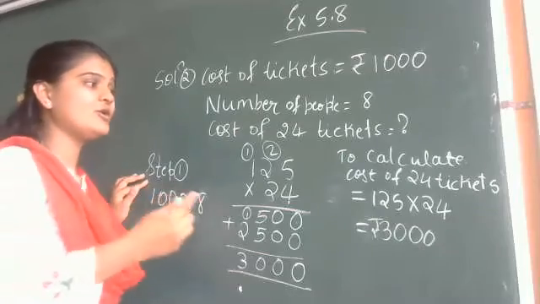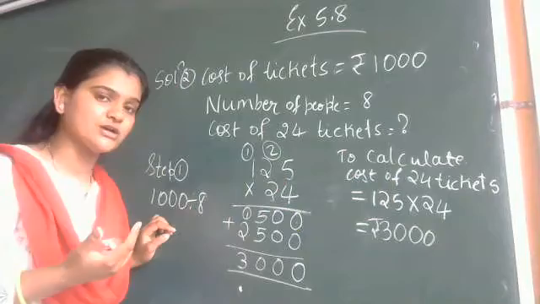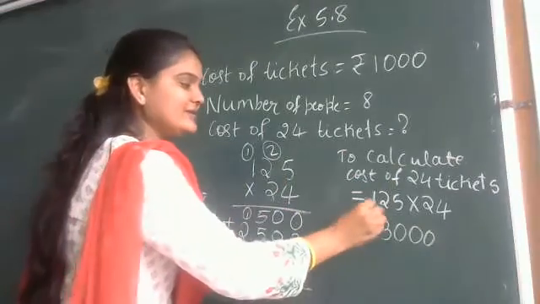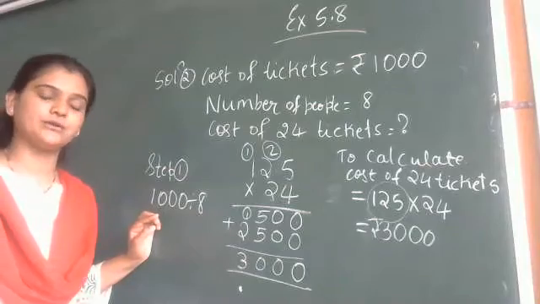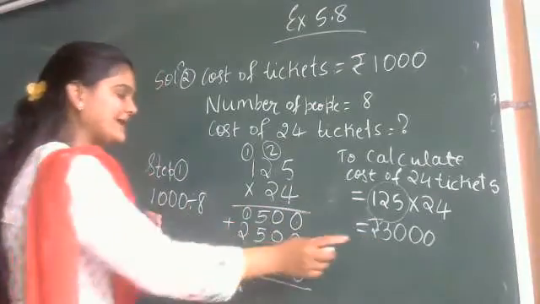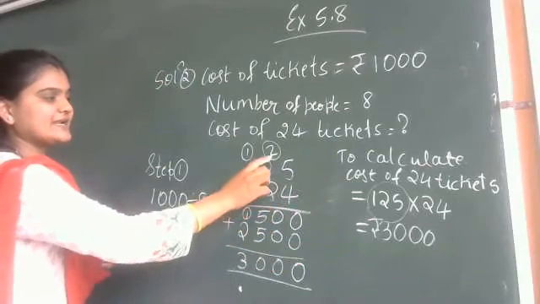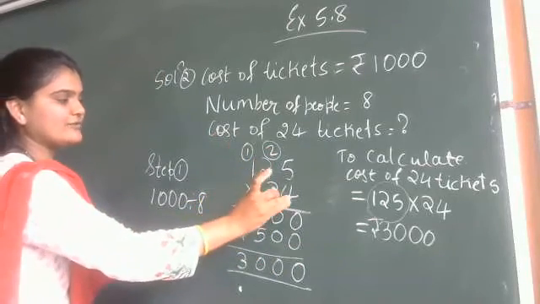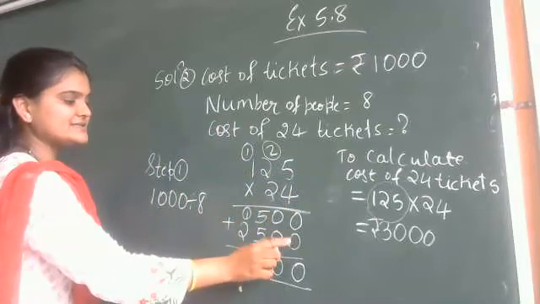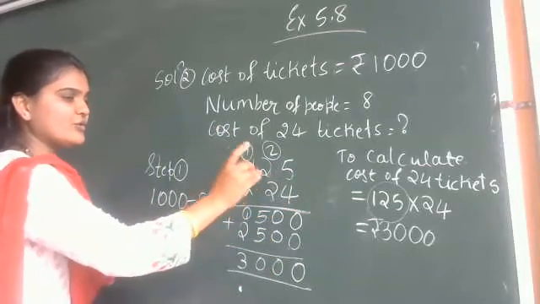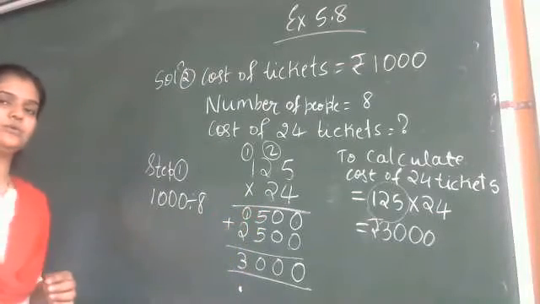But we want the calculation for 24 tickets. To calculate that, we will multiply 125 by 24. After multiplying, see here, 5 fours are 20, 2 carries, 4 twos are 8, 9, 10, 0, 1 carry over, 4 ones are 4 plus 1, 5. 5 twos are 10, 0, 1 carry over, 2 twos are 4 plus 1, 5. 5 is written here, 2 ones are 2.